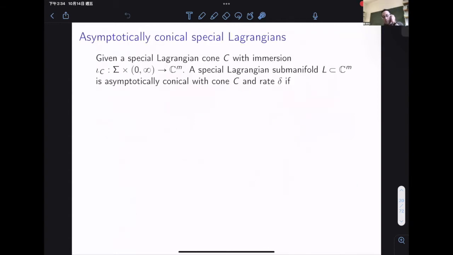Okay, so next I introduce the asymptotically conical special Lagrangians.